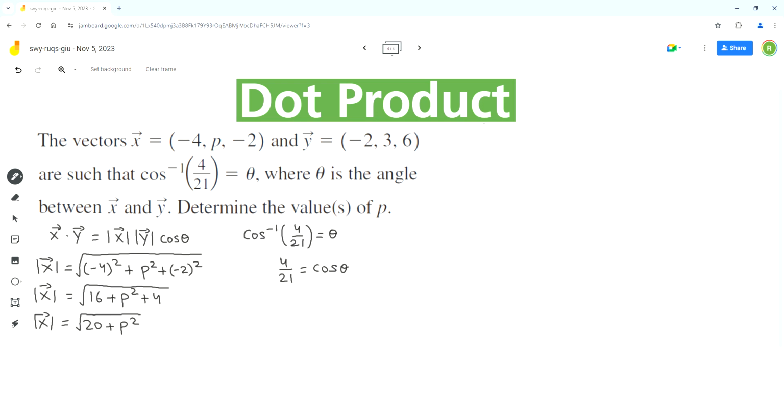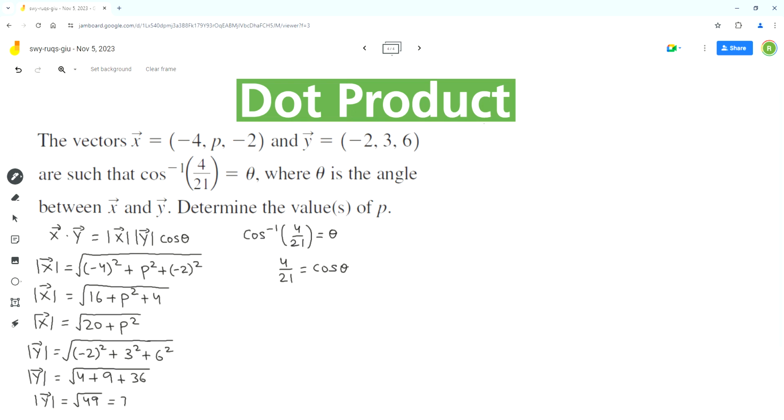Now we can find the magnitude of vector y. The magnitude of vector y is equal to 7.